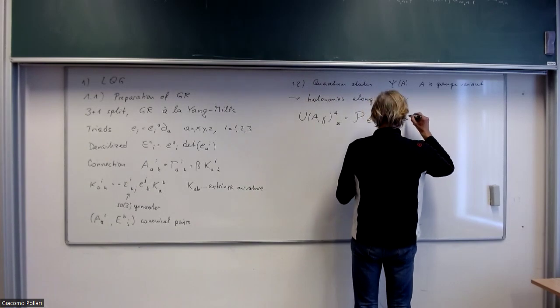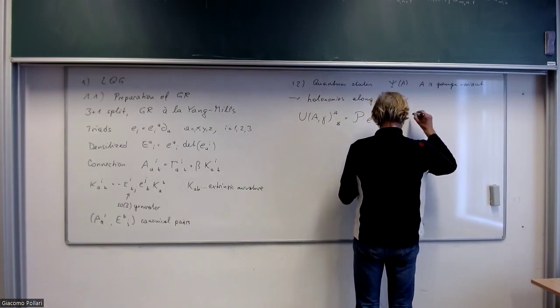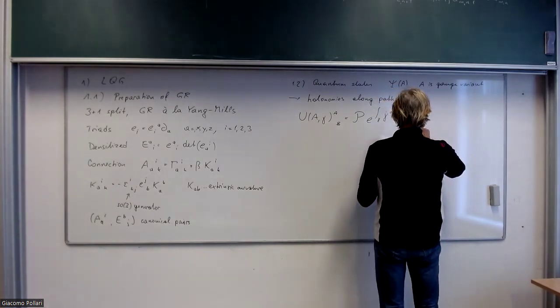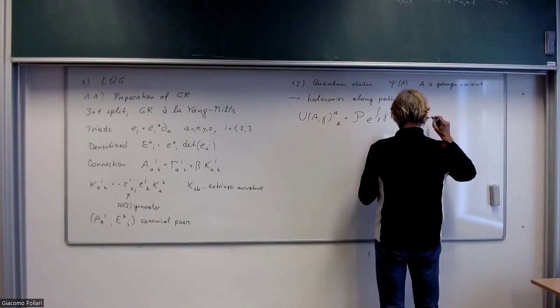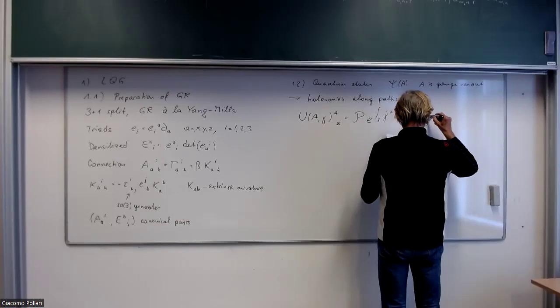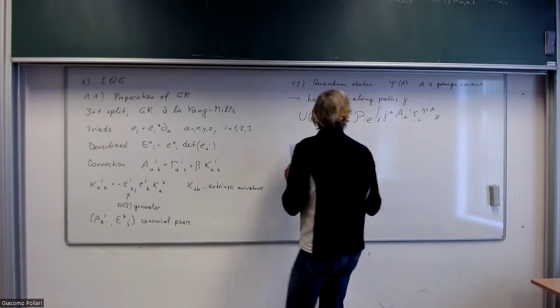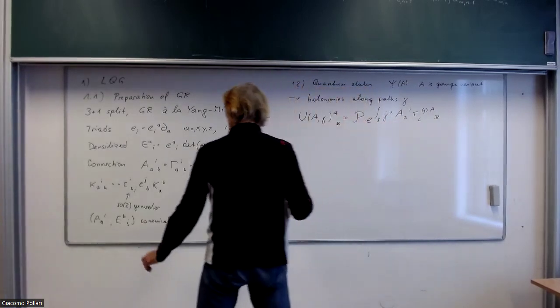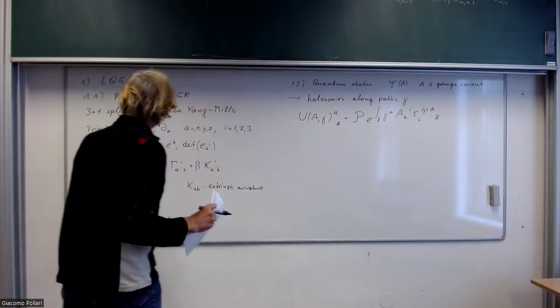The integral along gamma of ds, gamma dot, A tau I. So gamma dot is a tangent vector, and this is the connection.